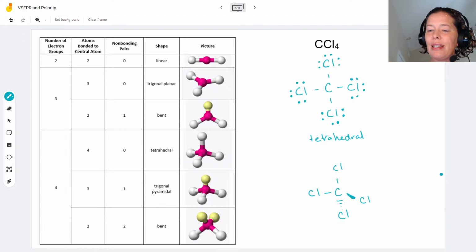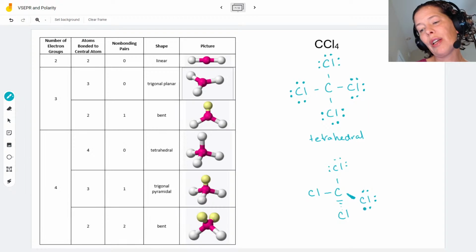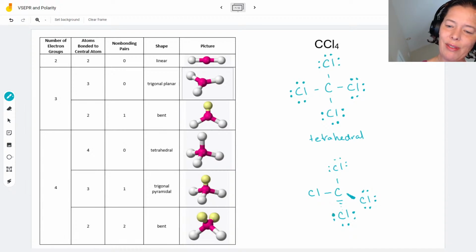So here it is in 3D, and I really should put in all of my lone pairs to be complete. But often, once you're drawing the 3D shape, chemists will drop these lone pairs out, just because it takes so long to put them in, and sometimes we do get a little bit lazy.